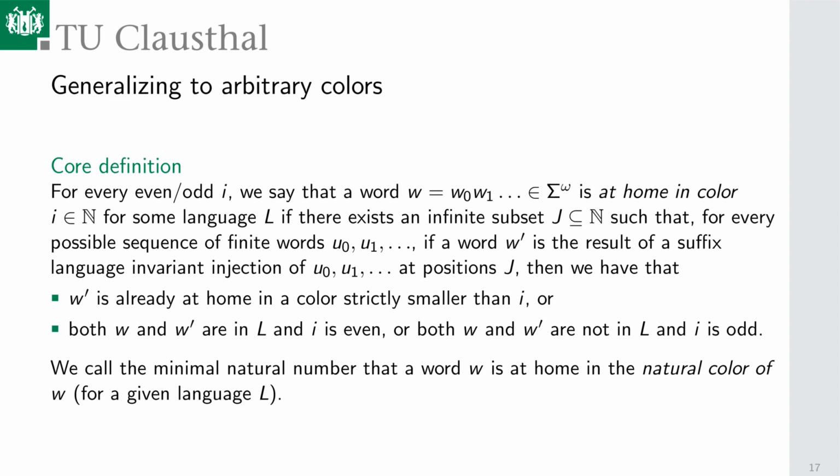While it is, again, not trivially clear that this idea captures all necessary aspects of the natural color of a word, the correctness proofs of the construction to obtain co-Büchi automata for the decomposed language show that this is the case, and hence we now have a definition for the natural color of a word that is based on the language to be represented alone, and not on an automaton representing the language.